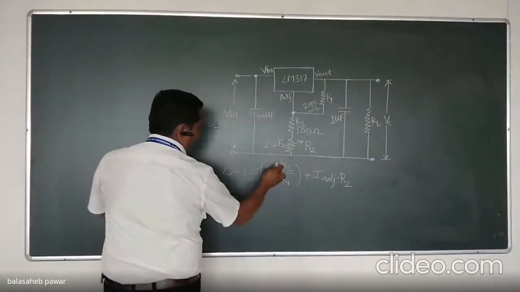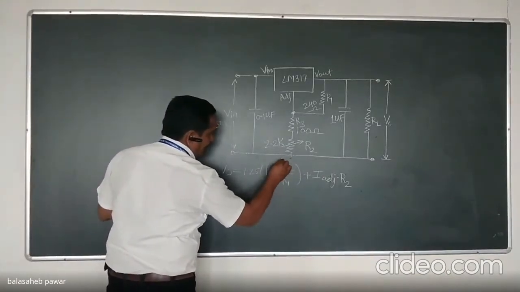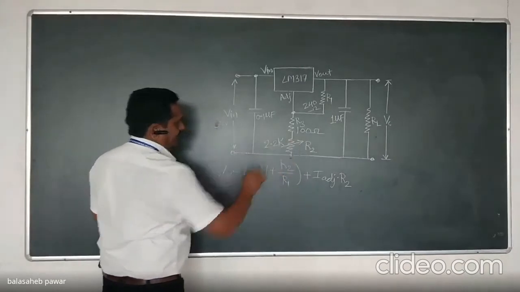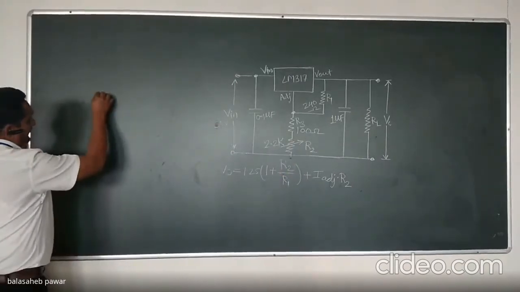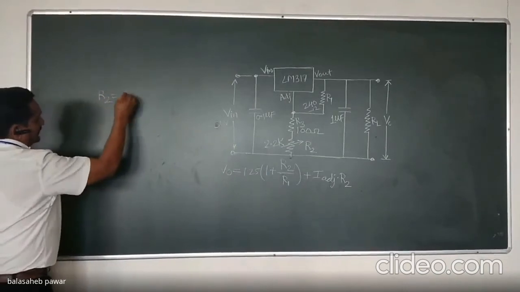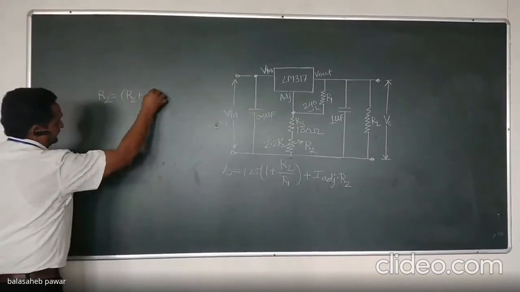So in this formula, what change do you have to consider? Do not consider only this variable resistor as R2. In the formula, R2 for the shown circuit will be a series combination of R2 and R3. Got it?